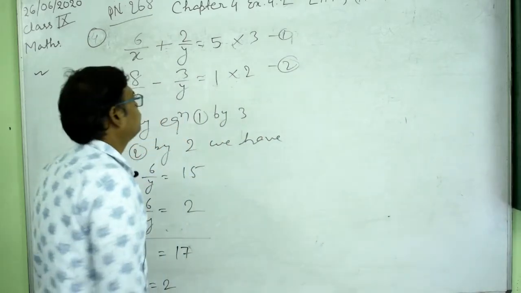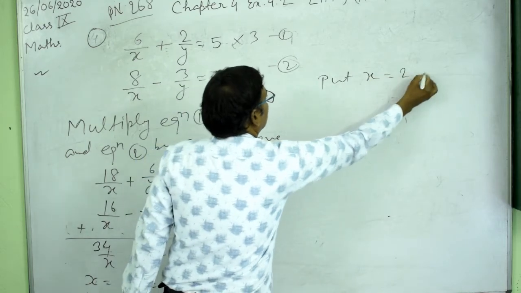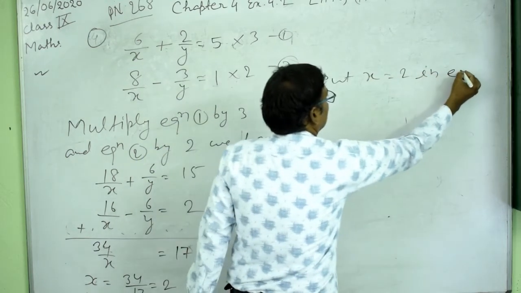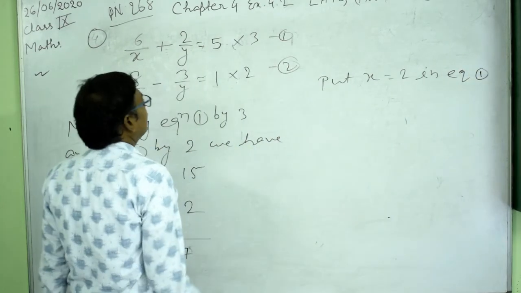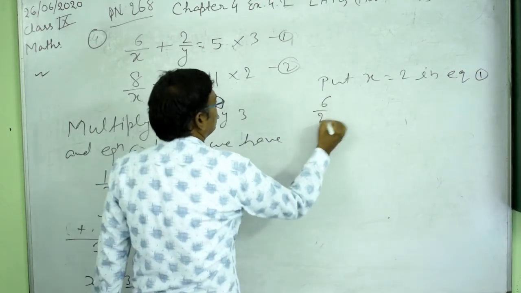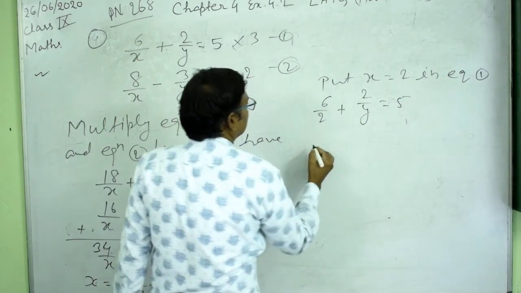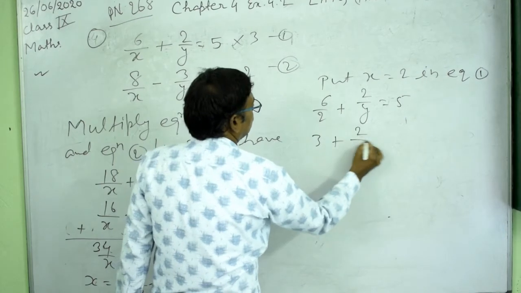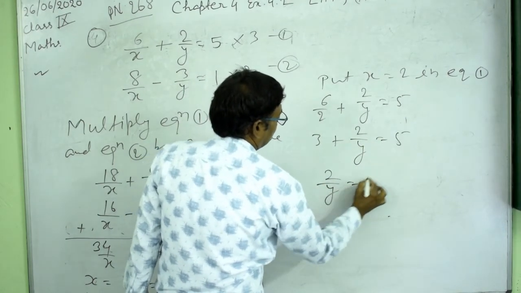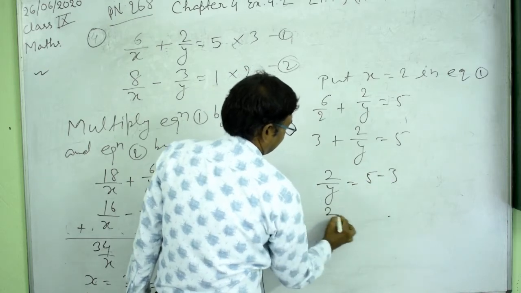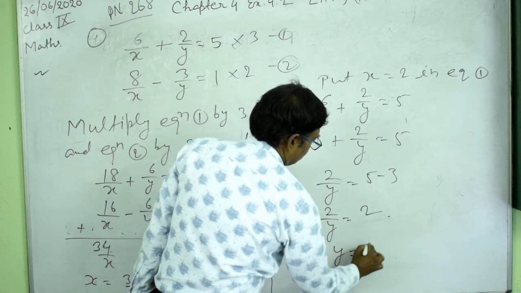So put x equal to 2 in equation, suppose, 1, okay. So then you have 6 by 2 plus 2 by y equal to 5, then it will be 3 plus 2 by y equal to 5, then 2 by y equal to 5 minus 3, 2 by y equal to 2, then y equal to 1.